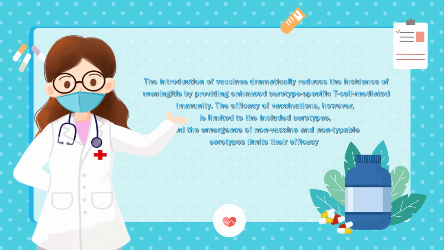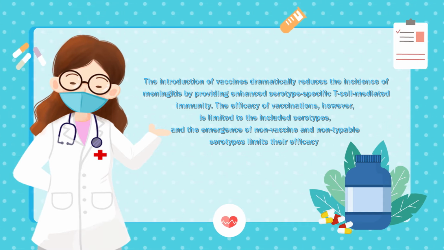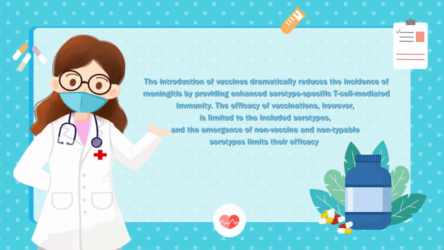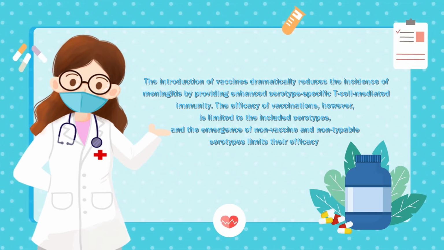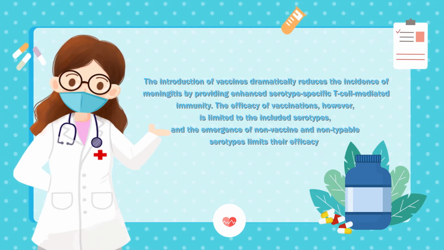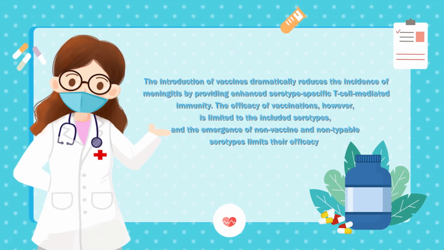The introduction of vaccines dramatically reduces the incidence of meningitis by providing enhanced serotype-specific T-cell-mediated immunity. The efficacy of vaccinations, however, is limited to the included serotypes, and the emergence of non-vaccine and non-typable serotypes limits their efficacy.